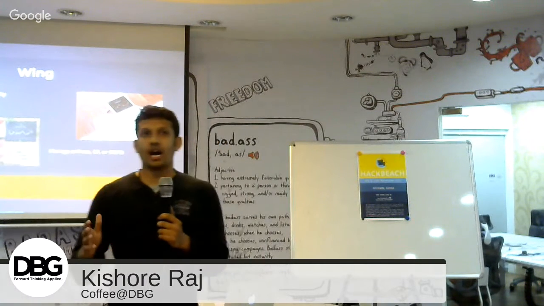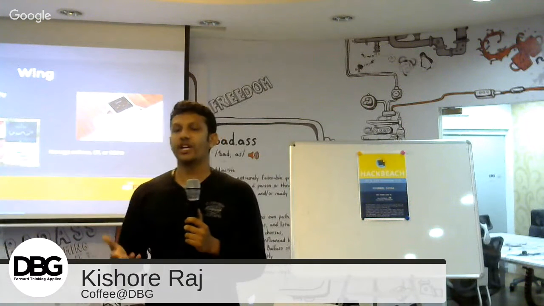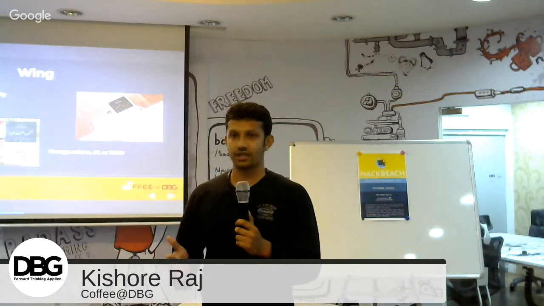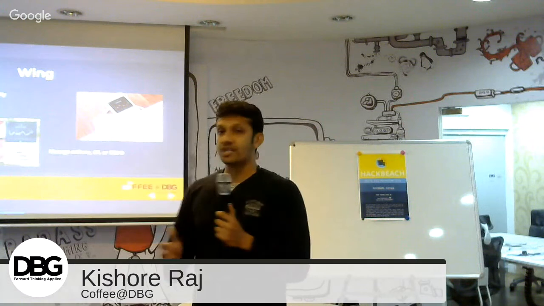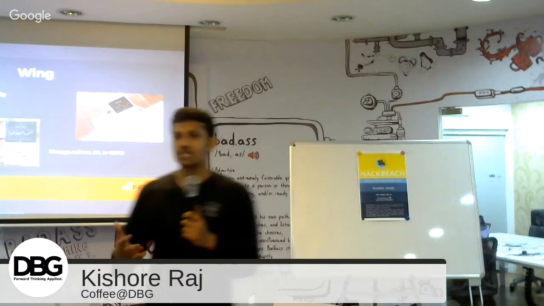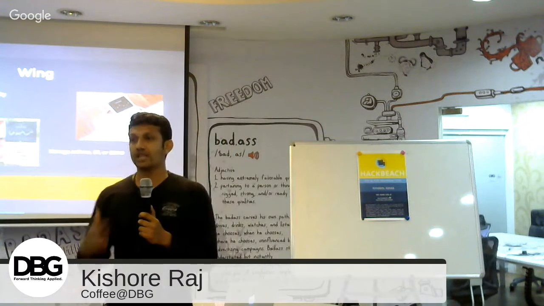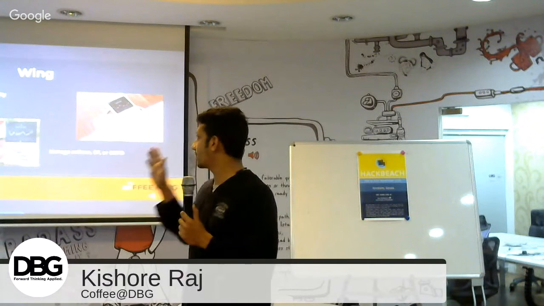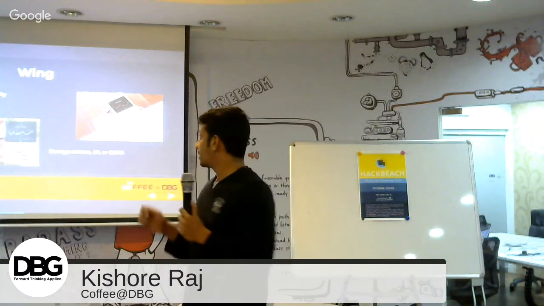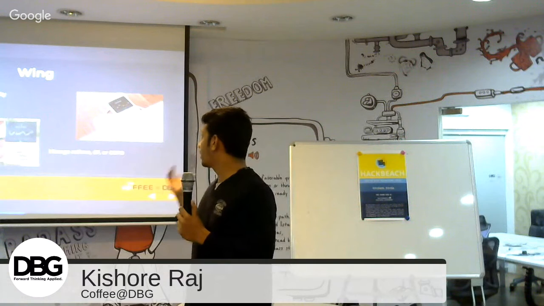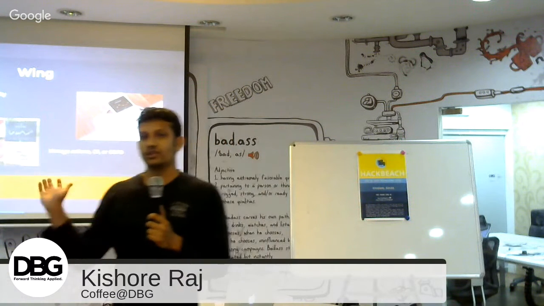FEV1 means how much air we inhale in a particular one second, and peak flow means how fast we exhale. Based on these two major functions, this app works, and the sensor comes with the application also. The application is now available on iOS only.